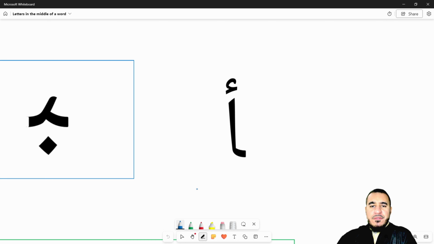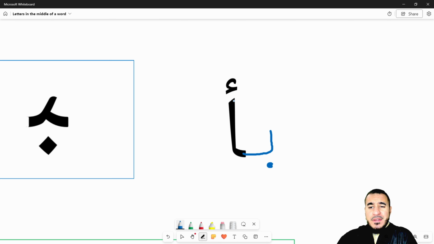So if, for example, we write the ba, which we looked at how it appears at the start of a word in the previous lesson, we can write the ba like this, and we put the dot here. We know that this is the letter ba, and it attaches directly to the alif, okay?